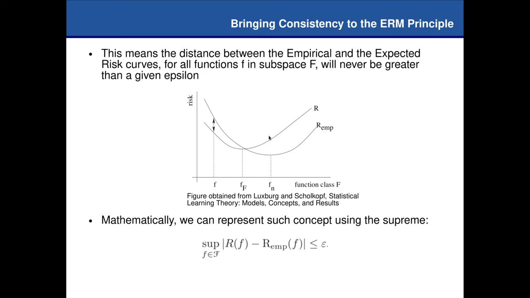Basically, I'm interested in the worst case scenario. When I say I'm interested in the greatest divergence, given my space of admissible functions, I worry about the worst case. The case in which I have the greatest divergence.